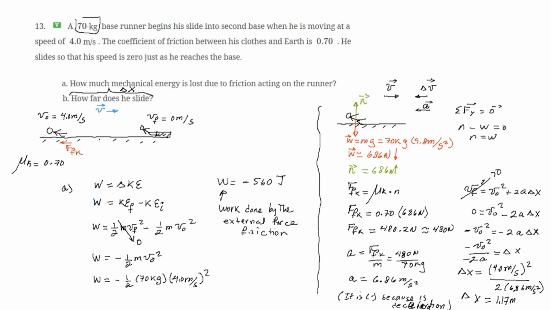So from his slide, he travels basically 1.2 meters. How far as he slides? 1.2 meters. So this is a very, very interesting exercise where we use the concept of kinetic energy, the variation of kinetic energy, and the relation of the work of external forces with the kinetic energy. So the work-energy theorem.